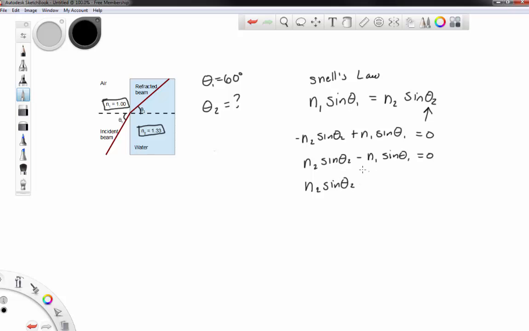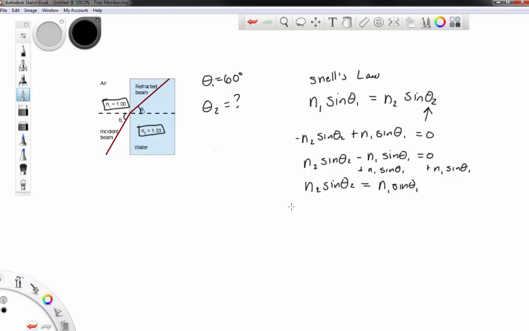So we're adding a plus N1 sine theta 1 here, and that means we need to add N1 sine theta 1 here. So N2 sine theta 2 is equal to N1 sine theta 1. So that's your first few steps.